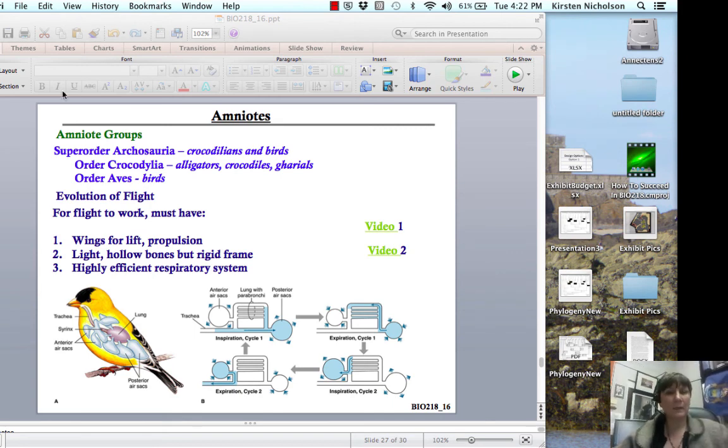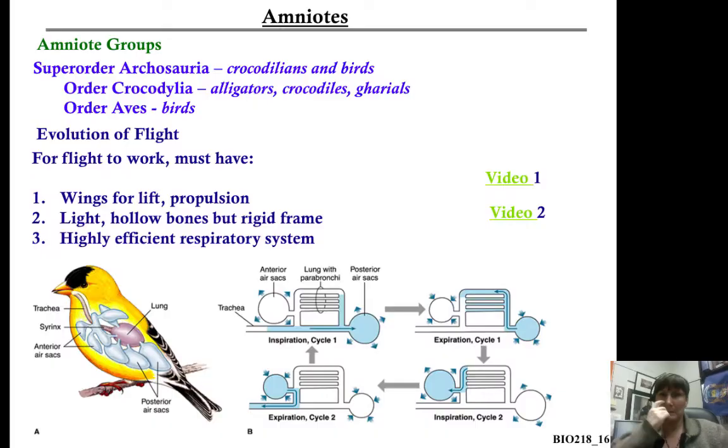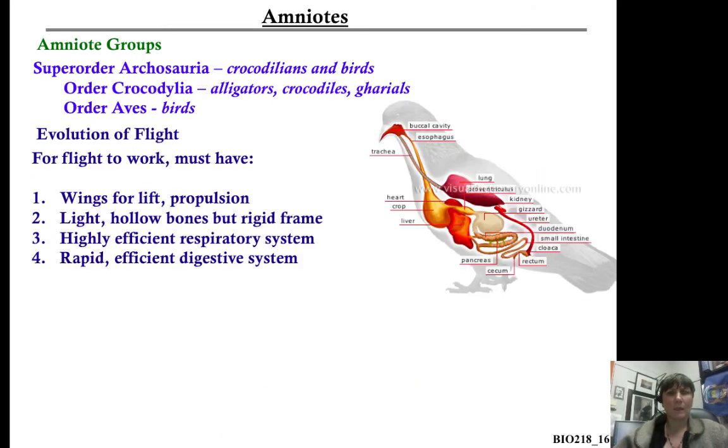So hopefully those videos helped clarify what's happening with the respiratory system of birds. Other adaptations that birds need is a rapid, efficient digestive system. So they need to be able to eat small amounts of food and extract energy from it efficiently.